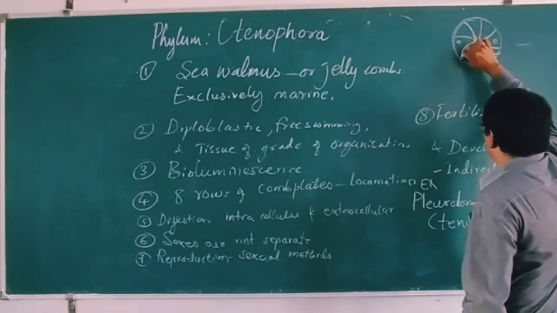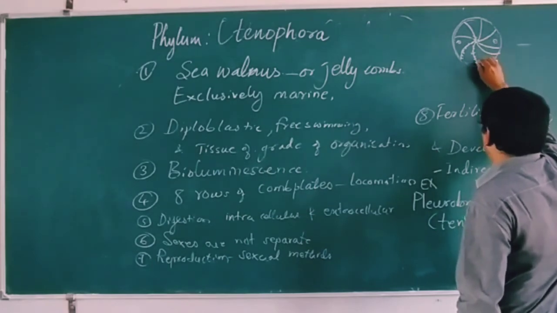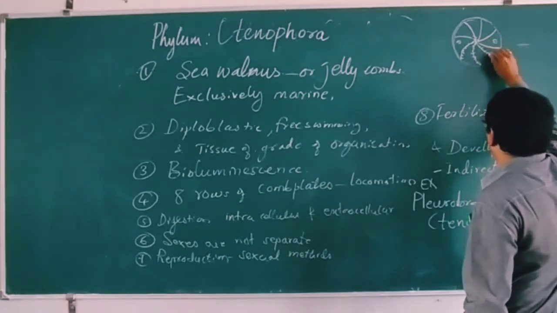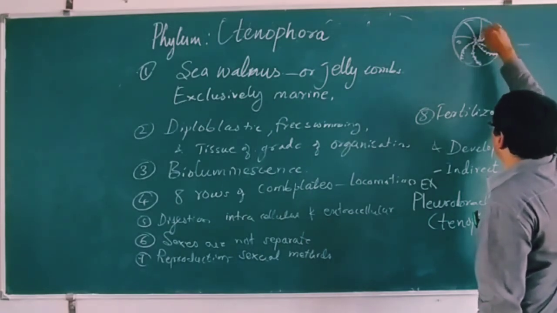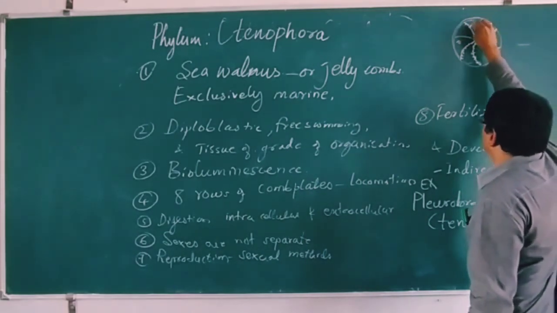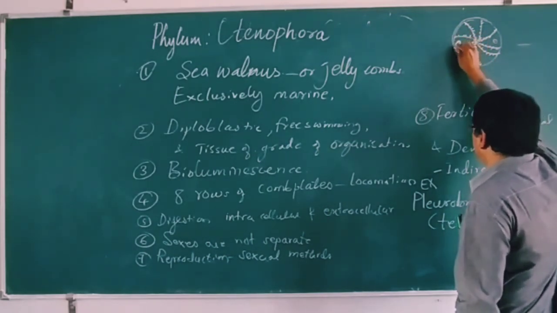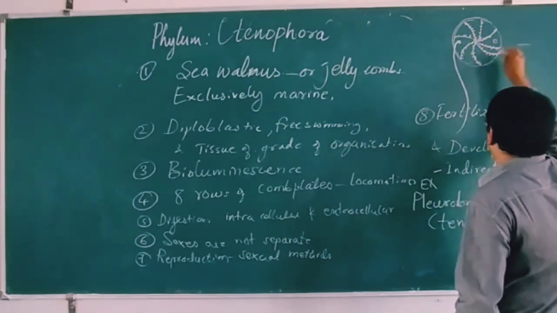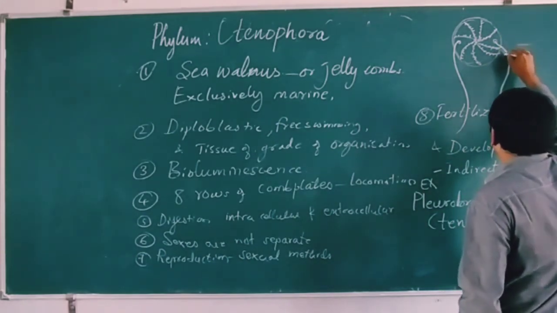So these are the external 8 rows of comb plates present on their body, which act as locomotory organs, with a pair of tentacles.